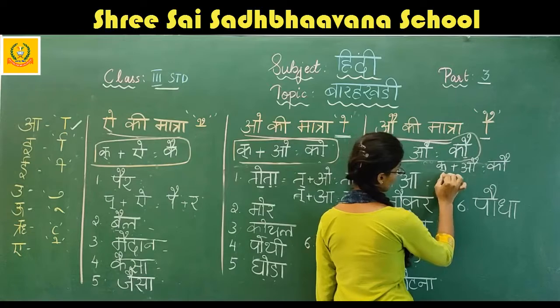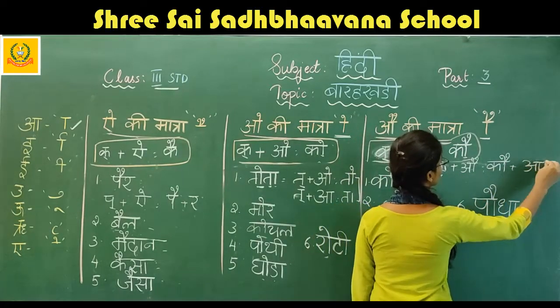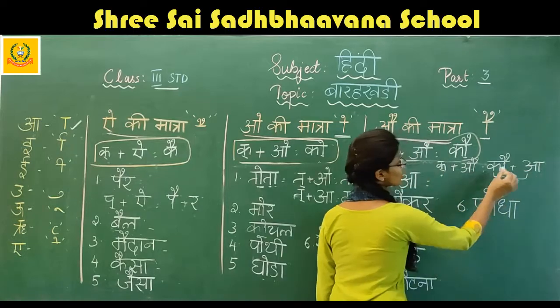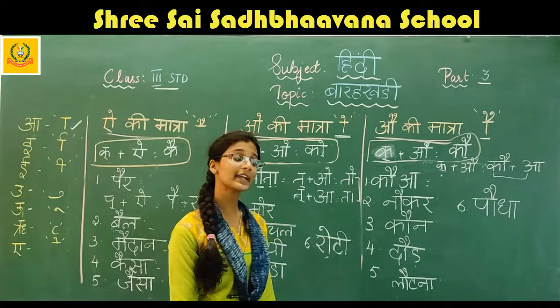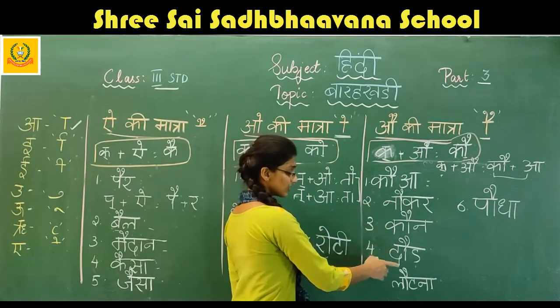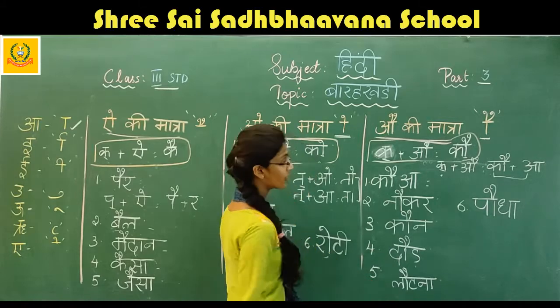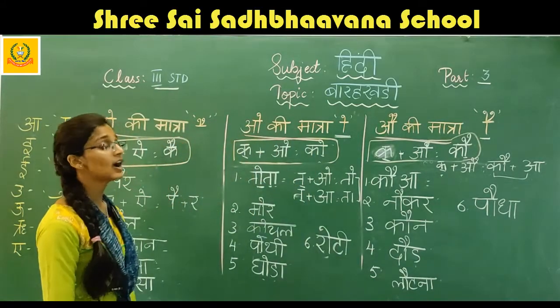A. Same thing, you can write it as plus A. When you add these two things, you will be getting kawa. So example is kawa, naukar, corn, dhod, lautna and pauda. Okay. So these are the examples of au ki matra.